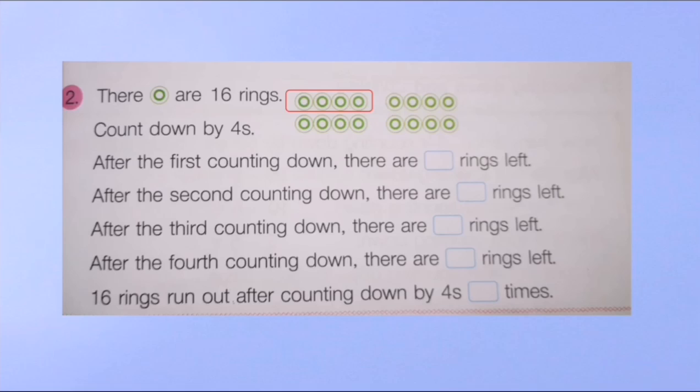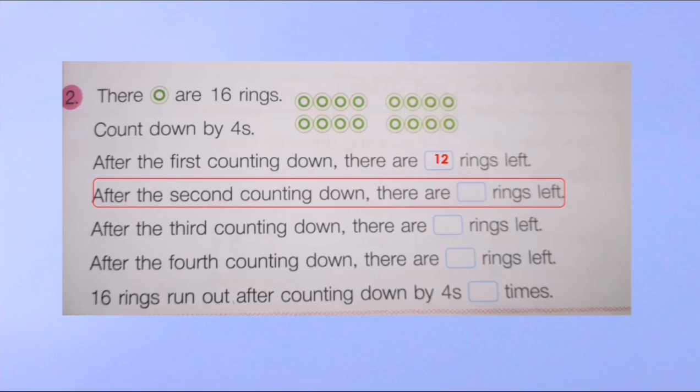So please count the rings that I did not encircle. There are 12 rings left. Now let's read the whole sentence together. After the first counting down, there are 12 rings left. Very good. Now let's go to the next sentence. After the second counting down, there are blank rings left.